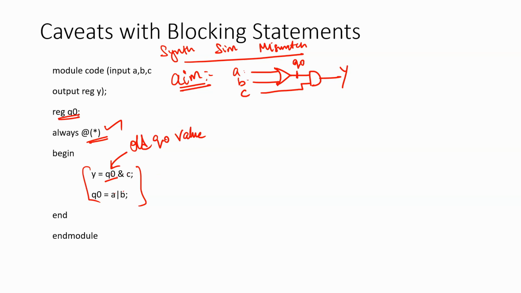Here, the Q naught value is getting updated only here, correct? Only when this statement executes, Q naught value will get updated. This statement has not got executed at all. That means ABC change happened and I'm entering into the code, and Q naught value is the old Q naught value. The old Q naught value is ANDed with C and I'm getting Y.